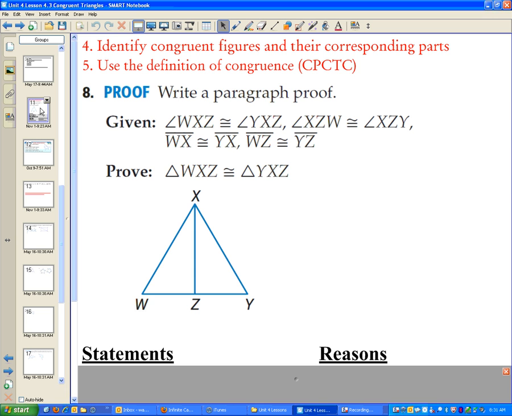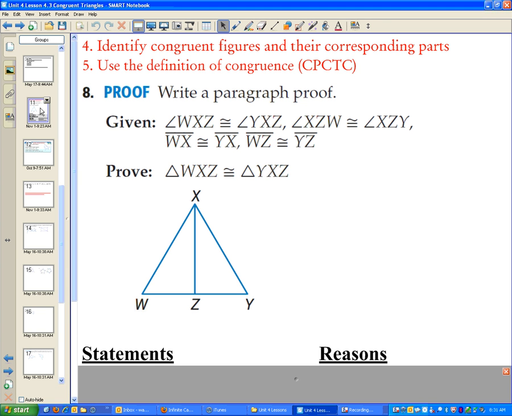This is actually number 8 from page 257. So, write this down. You're going to need an example of a proof. Wherever you want to put it. Now, on page 257, number 8, the directions say write a paragraph proof.